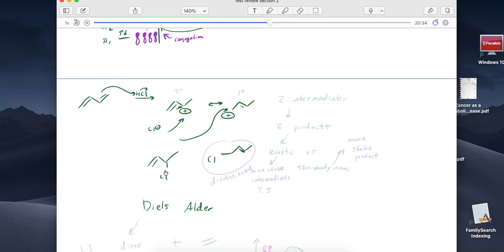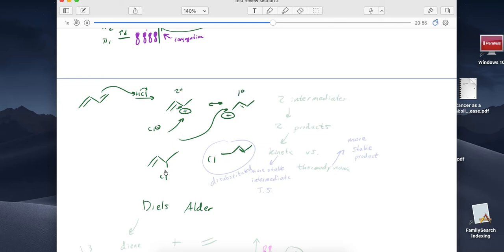So in this particular example, we didn't have to explain because I didn't ask why one is better than the other. But notice how this is a primary and this is a secondary.